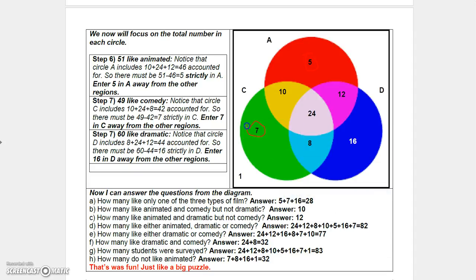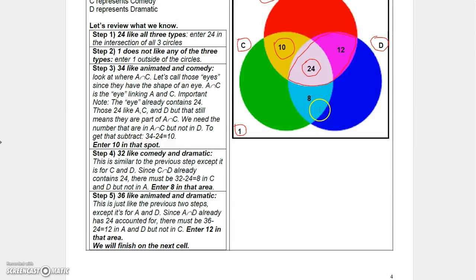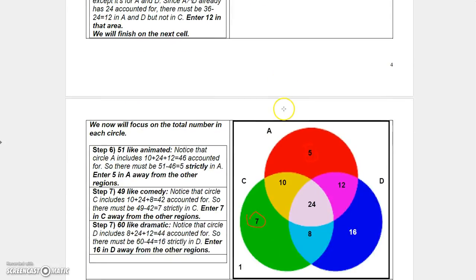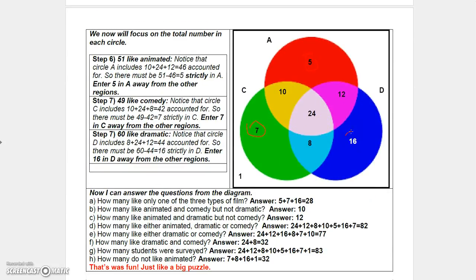All right, and then last, we have a total of 60 that like drama. So if you add up what I've got in the drama circle, 8 plus 24 plus 12, that's going to add up to 44. So that means I've got to have 16 out here to make it add up to 60.